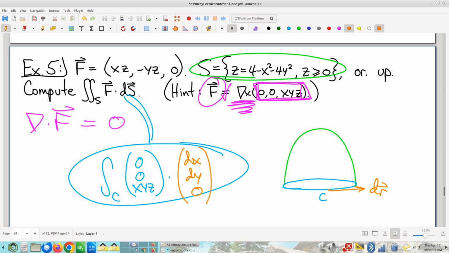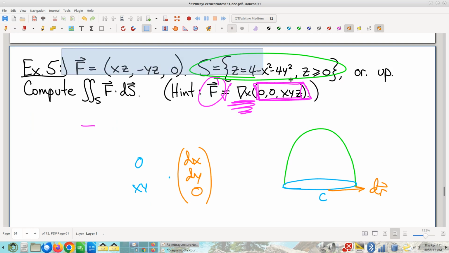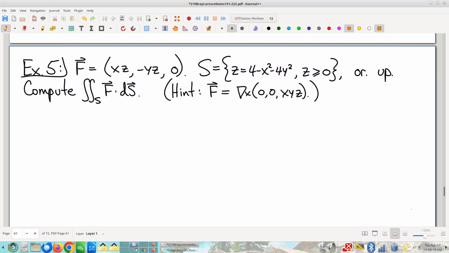Okay, here's another way to solve this problem. By the way, this is perfectly good, full credit, awesome. Don't think we can beat it. Very nice solution. There's another solution, though, that's also very good. It also comes out of the fact that the divergence is 0. So what else do we know about vector fields where the divergence is 0?